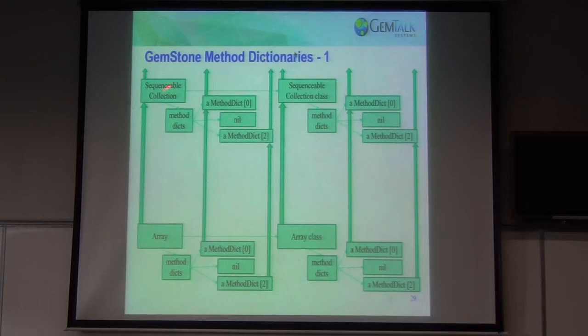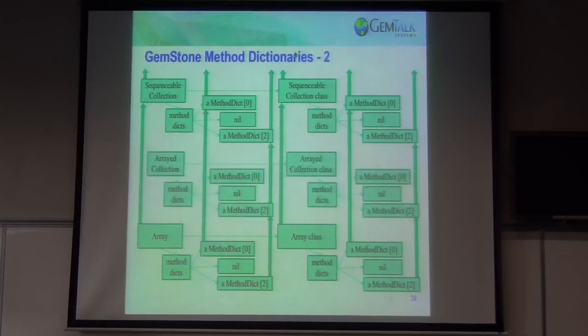In GemStone, we have array, which inherits from sequenceable collection, and there are multiple method dictionaries. Method dictionary 0 points up to the sequenceable collection 0, whereas method dictionary 2 can point up to a different method dictionary 2. But notice here we don't have arrayed collection in between. And we want our method dictionary 2 to inherit from arrayed collection.